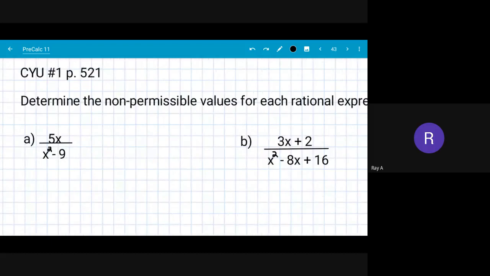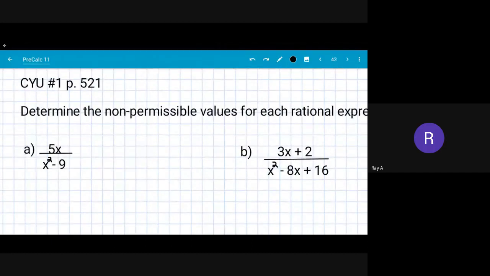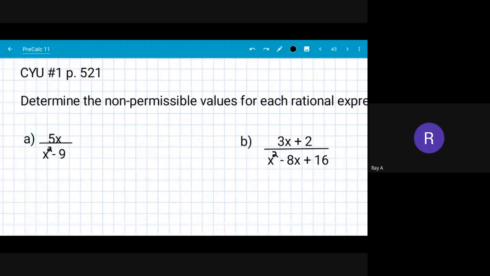We'll determine the non-permissible values for each rational expression. So a non-permissible value is defined as that value that would make the expression undefined. Now, if you will remember when we did radicals, when we had something like the square root of x, this one is going to have a domain which is greater than or equal to 0.